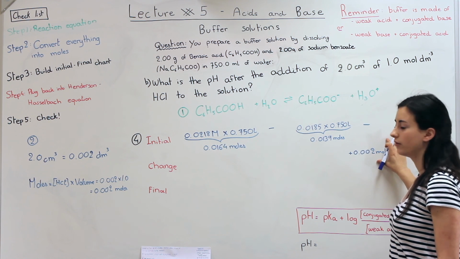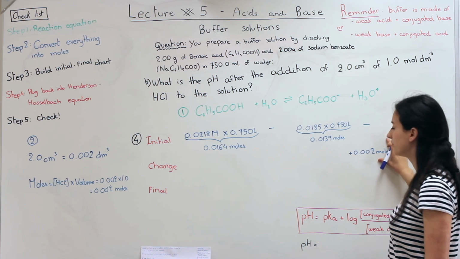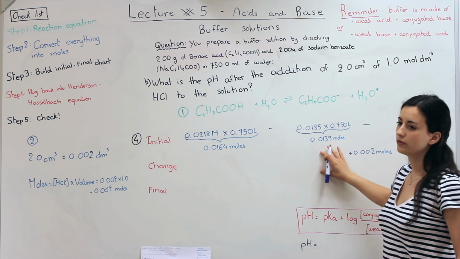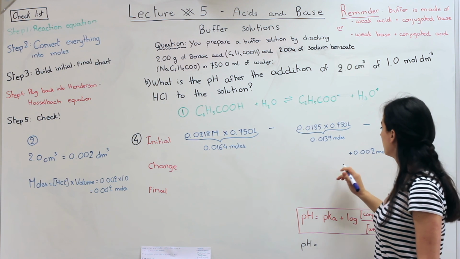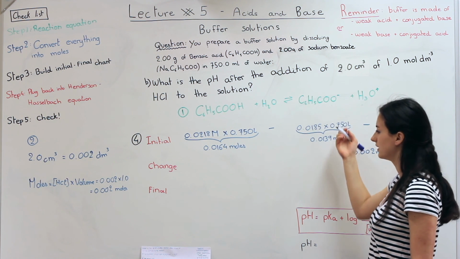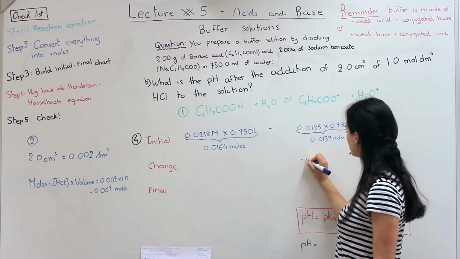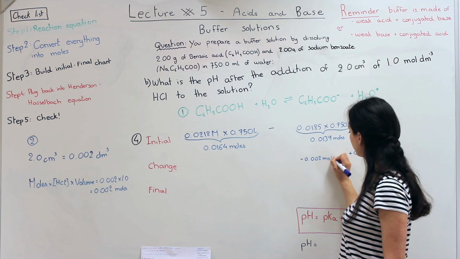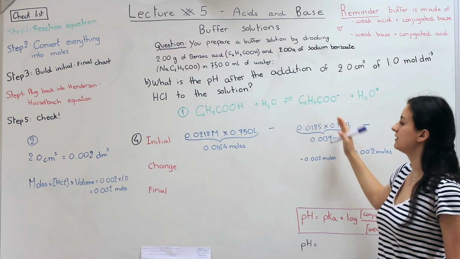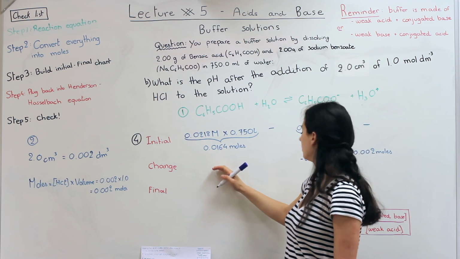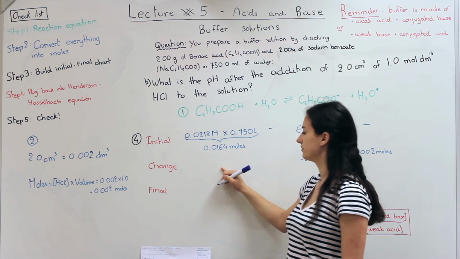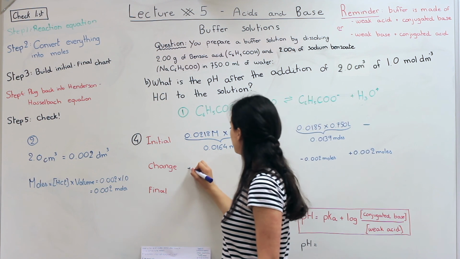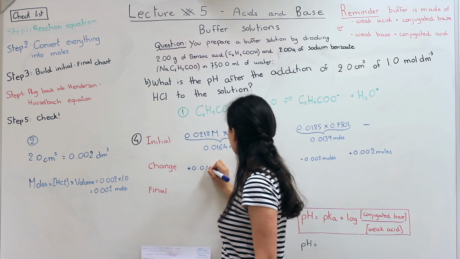So the more H3O+ we add, the more of the weak base it's going to react with. So we're going to have less base in the end, so minus 0.002 moles. And as that weak base forms the acid, we're going to add 0.002 moles here.